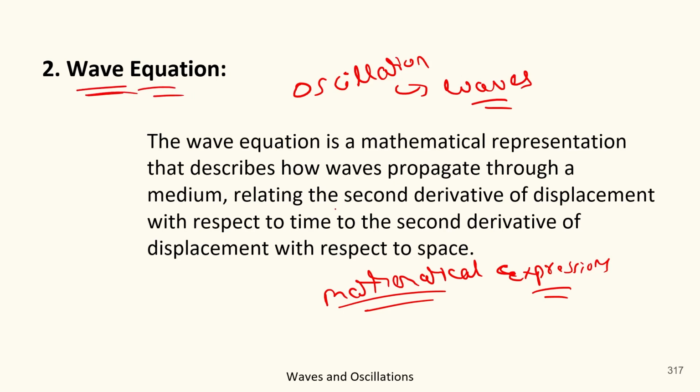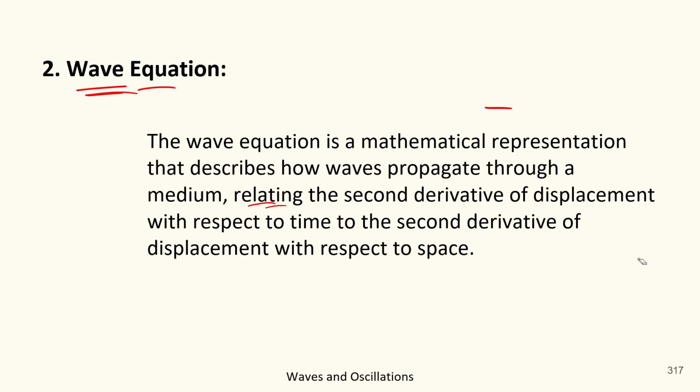Got it? It basically relates the second derivative of displacement with respect to time to the second derivative of displacement with respect to space. Or you can say, if we have a pendulum like this, we shift it to point B. Let me draw it here in a clear form.